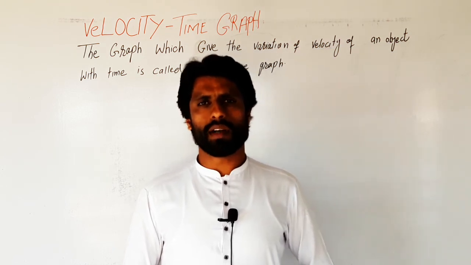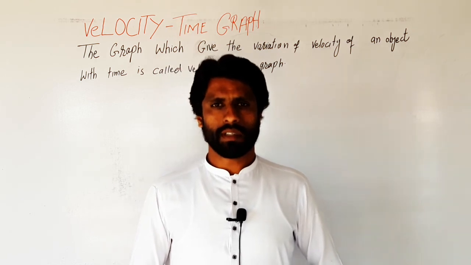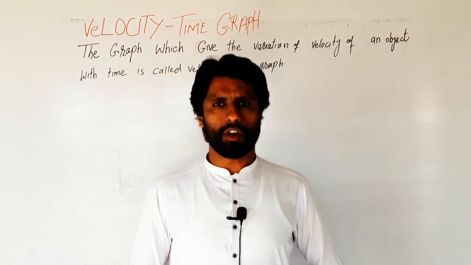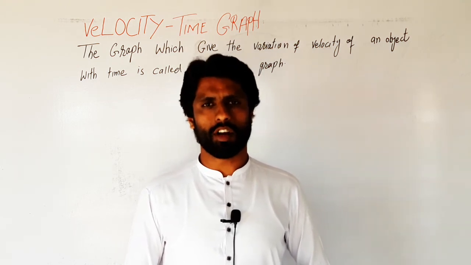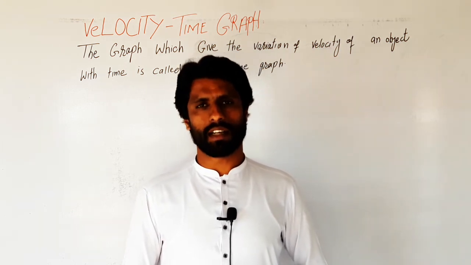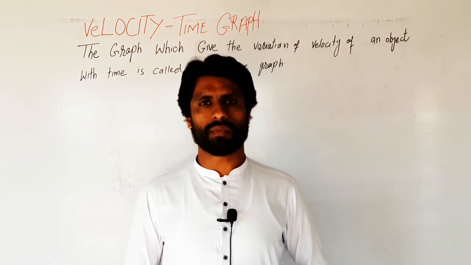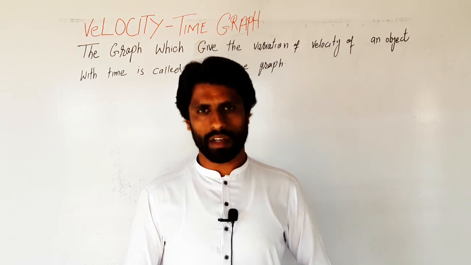Now we will discuss the velocity time graph. The graph in which velocity varies with time is called a velocity time graph. The variation of velocity with respect to time, represented with the help of a graph, is known as a velocity time graph.